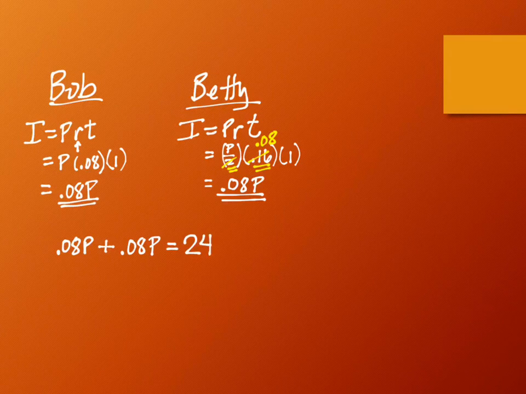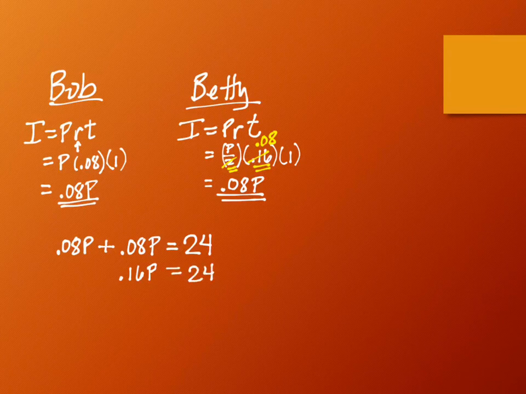That's what he made total. Because the question actually asks us how much did he lend to each person. So I do need to figure out what P is in this problem. So what is 0.08 P plus 0.08 P? 0.16 P.